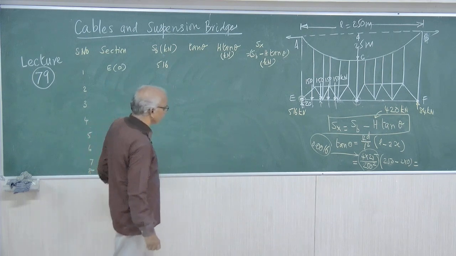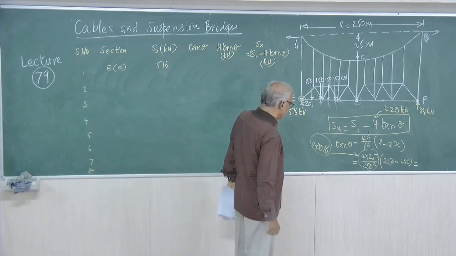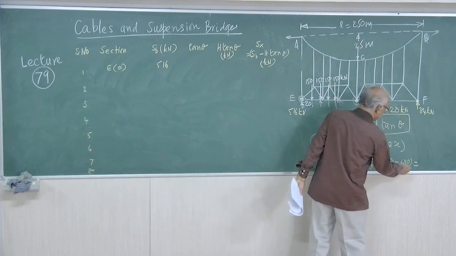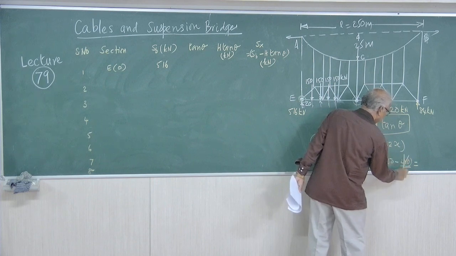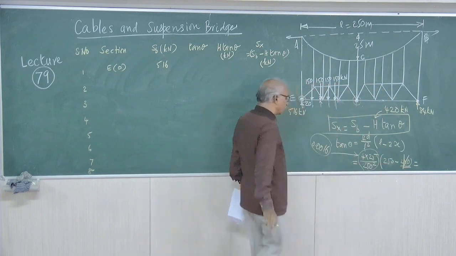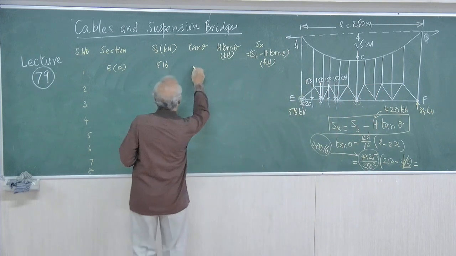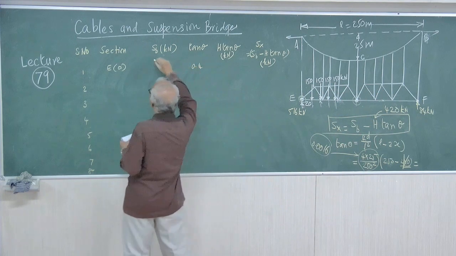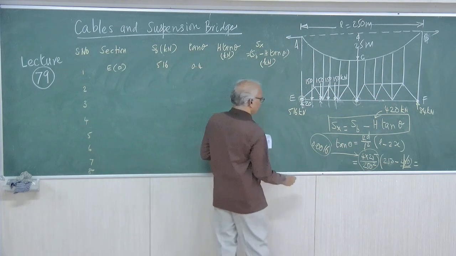Tan theta is 0.0016 into, at x equal to 0, you can forget about this, 0.0016 into 250, that value equals 0.4. H is equal to 420.